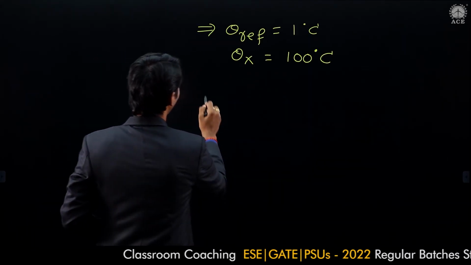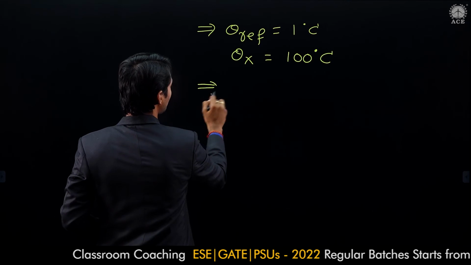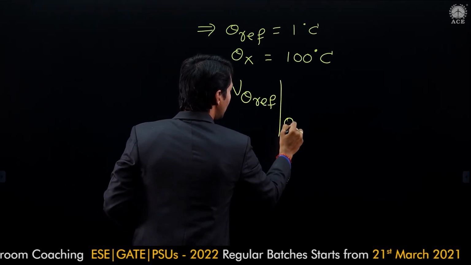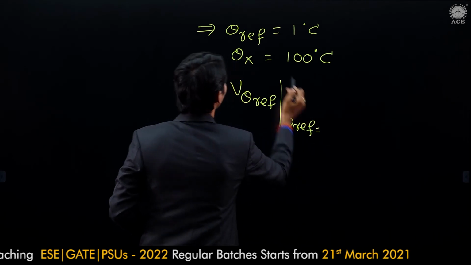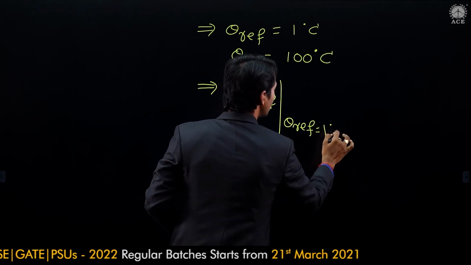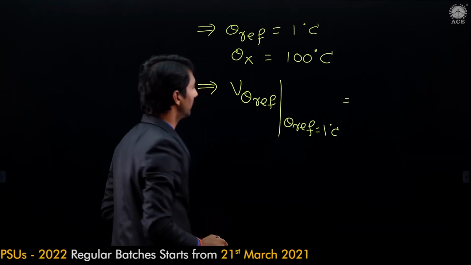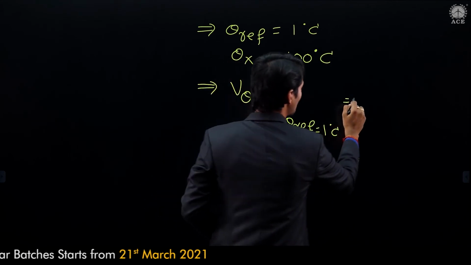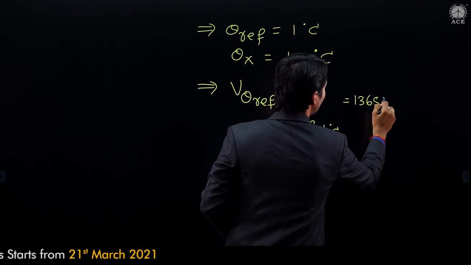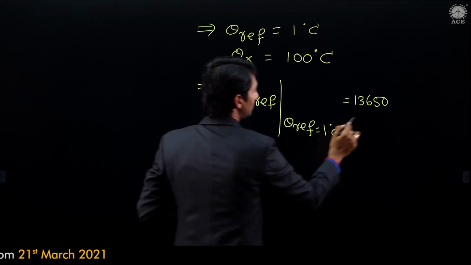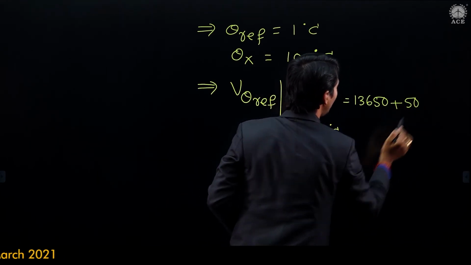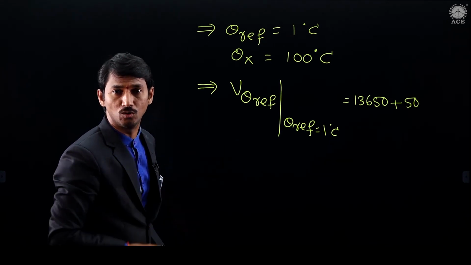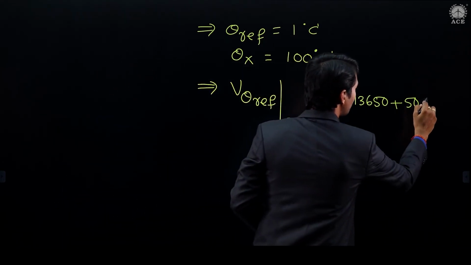So let us do that. First, V theta reference. At theta reference equal to 1 degree centigrade, what is the equation? 13650 plus 50 into the theta reference value, which is 1.